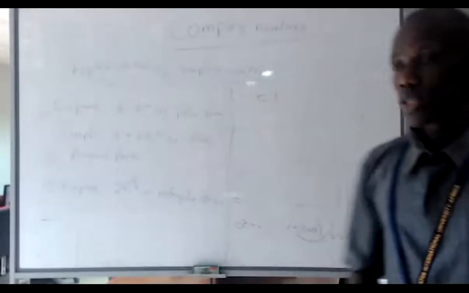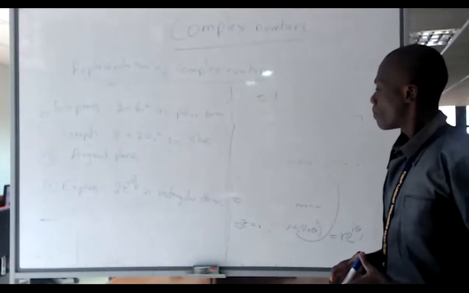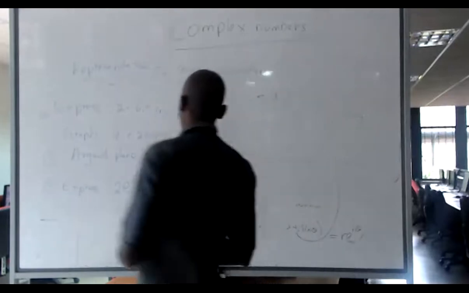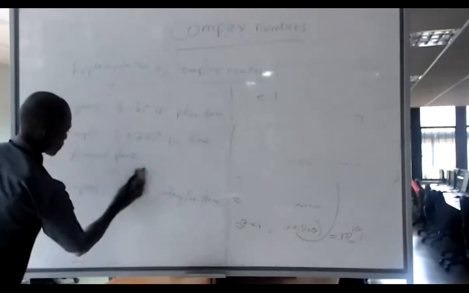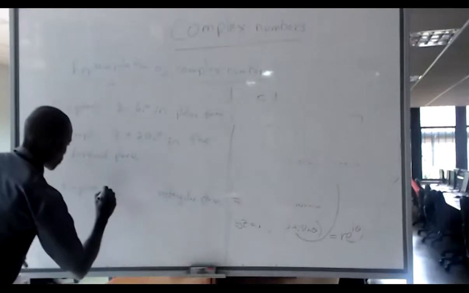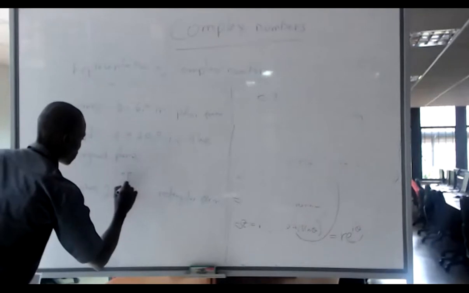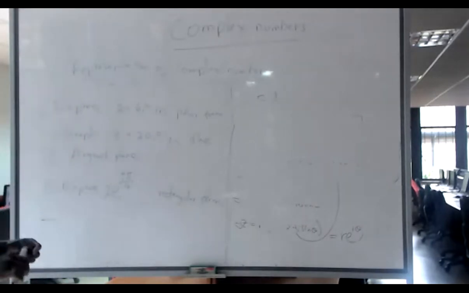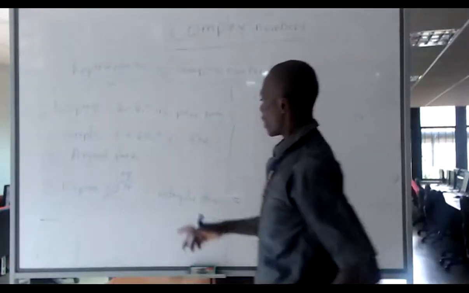What have you written on the third one? I can see 2 e what? 2 exponent i pi divided by 4. Of course, here the angle is in radians.